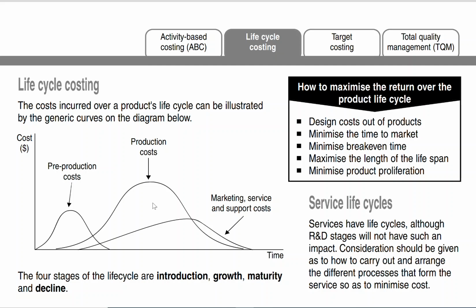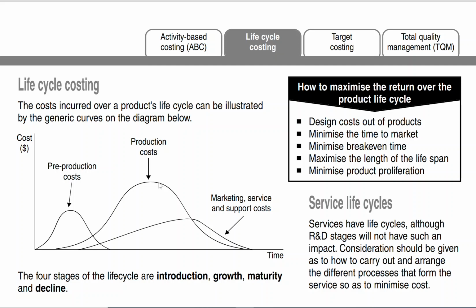And then there is the maturity stage. Maturity stage is when it reaches the highest potential that it can be. At the maturity stage, you have the highest economy of scale. You don't spend a lot of money on advertisement because you've already spent a lot, and you're making a lot of profit, mainly because of the economy of scale.